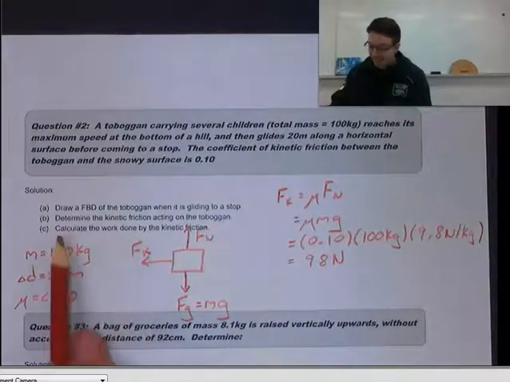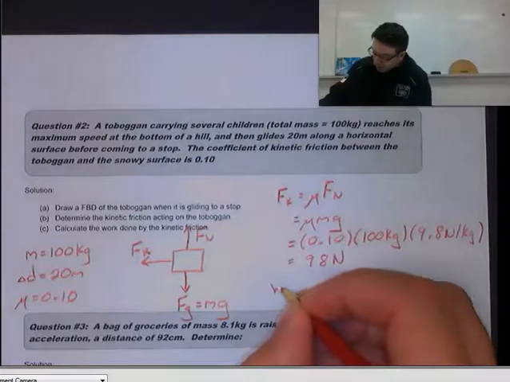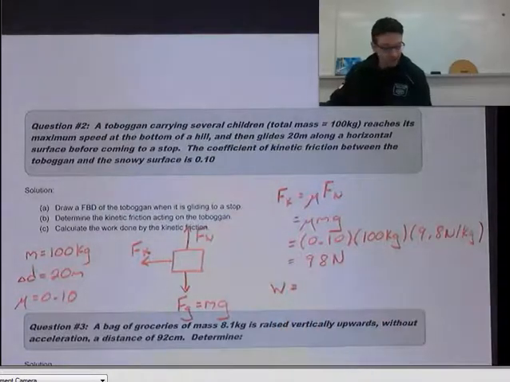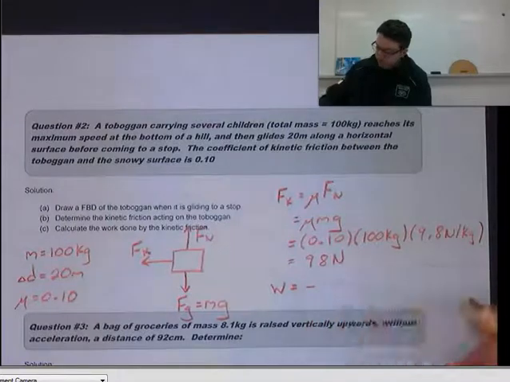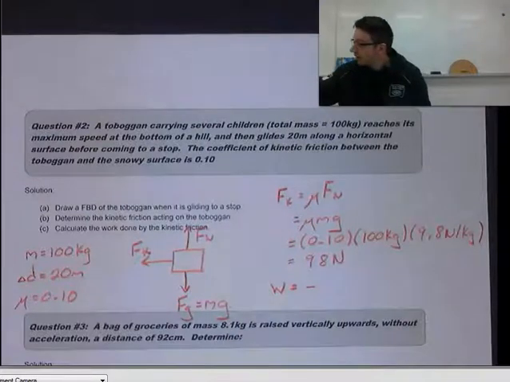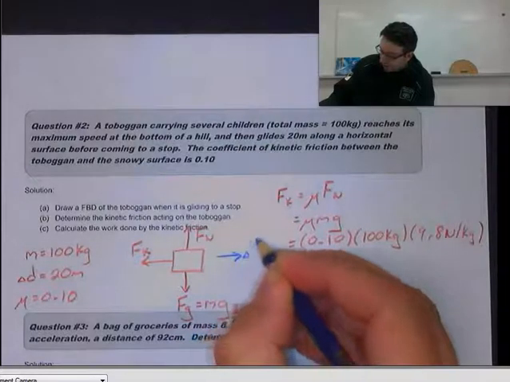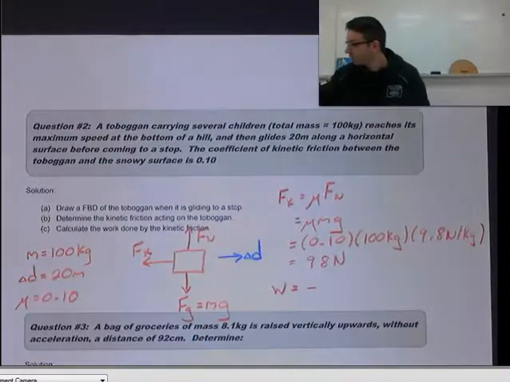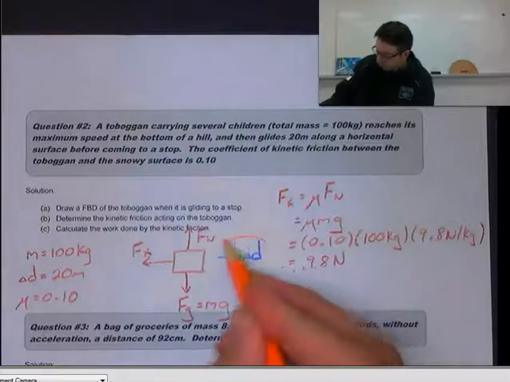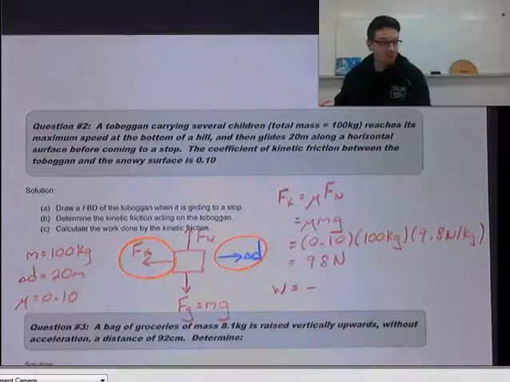Now C says calculate the work done by kinetic friction. Well, the work done, in this case, is going to be negative. You'll have to determine that on your own, but you just have to remember that if our displacement is in one direction, and our force that is doing the work is in the opposite direction, you have negative work.